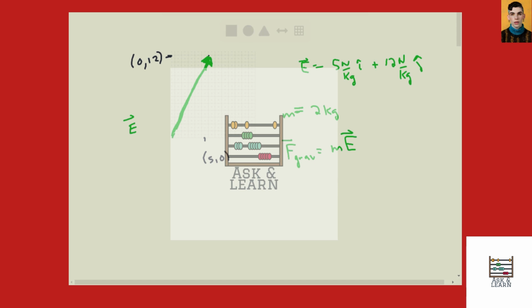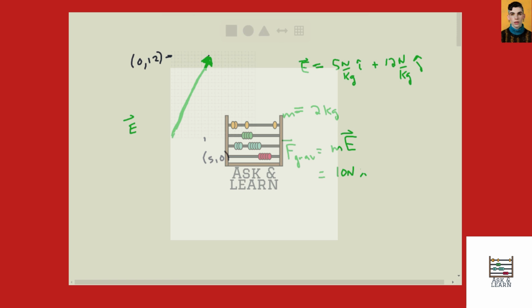By the way, I usually like to use G vector for gravitational field, but here I think they're trying to show the similarity with the electric field. Okay, so we have 2 times 5, or 10 newtons in the x direction.